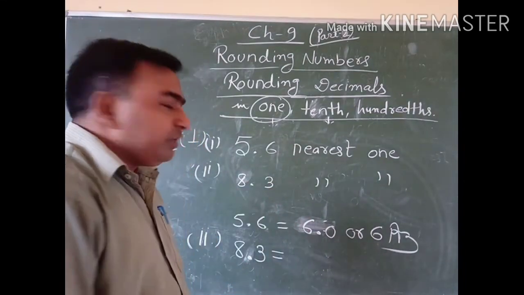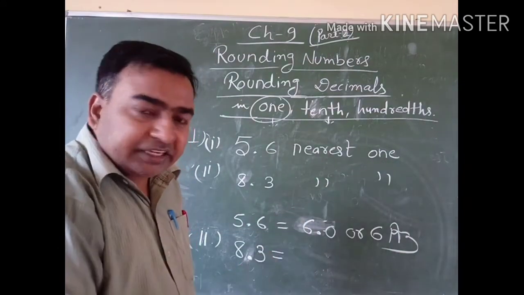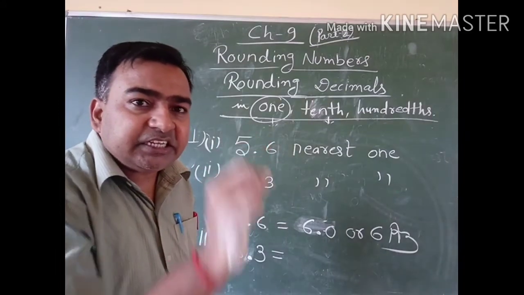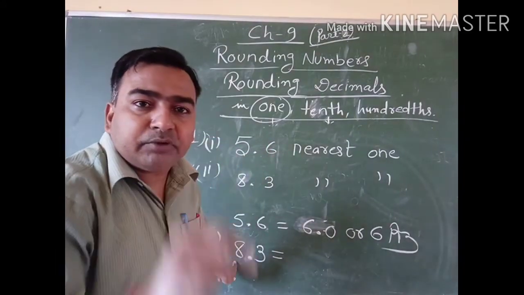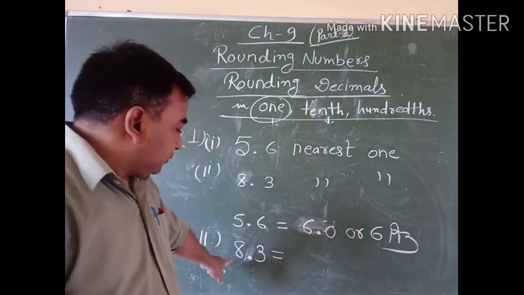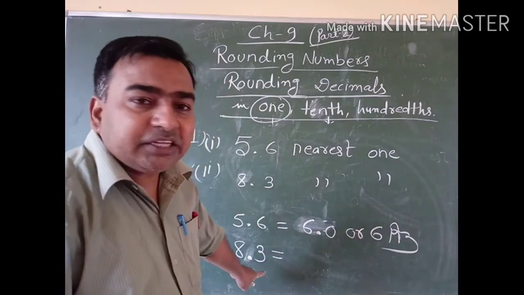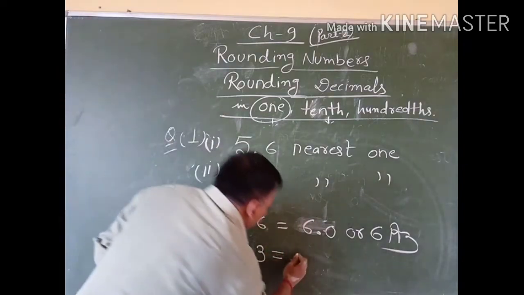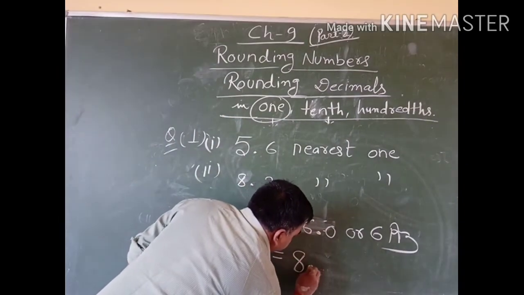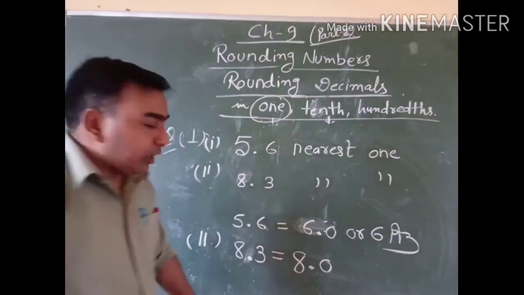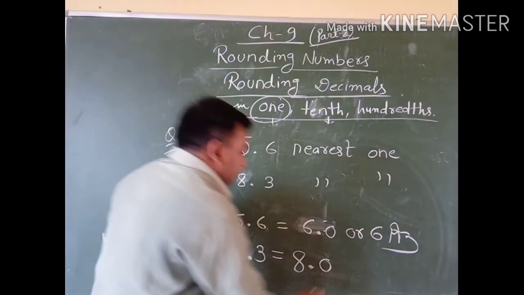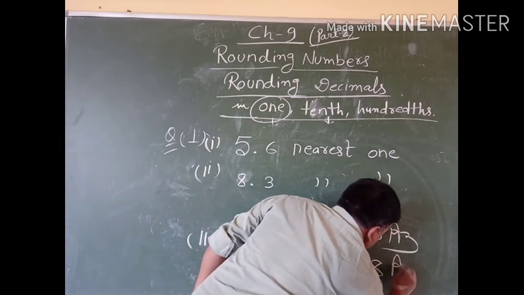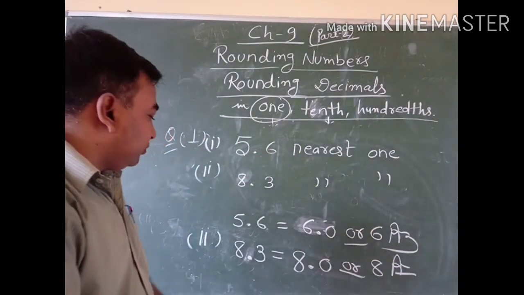So we will go backward, and this 3 is replaced by 0, and the one's place number is decreased by 1, it stays the same. So what will we write? We will directly write 8.3 as 8.0 or 8. We will write 8.0.